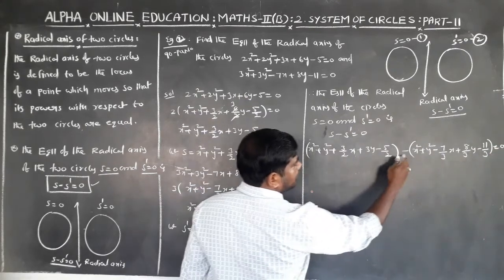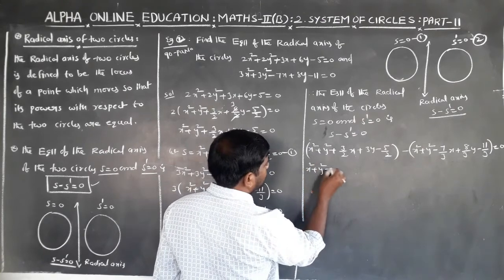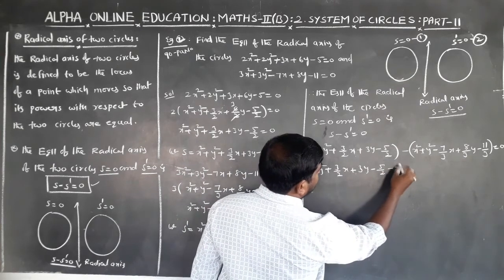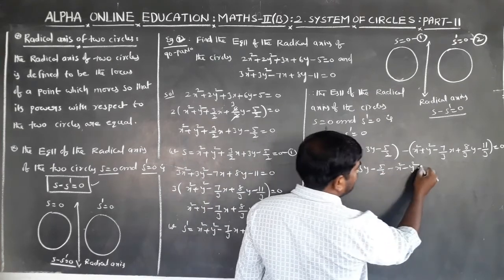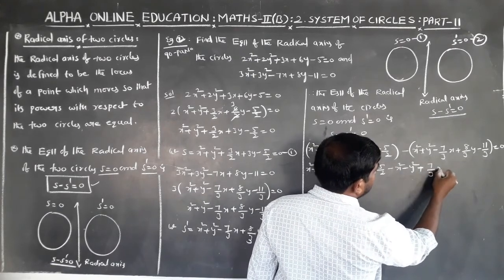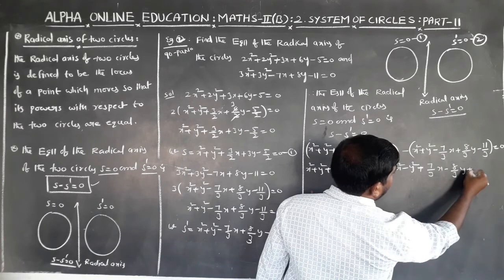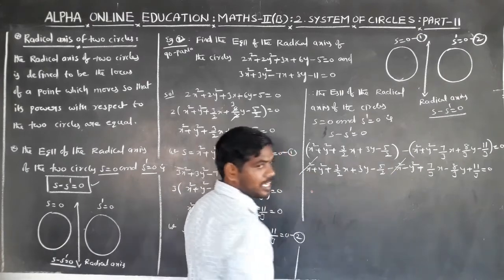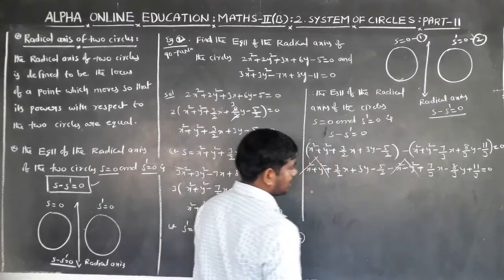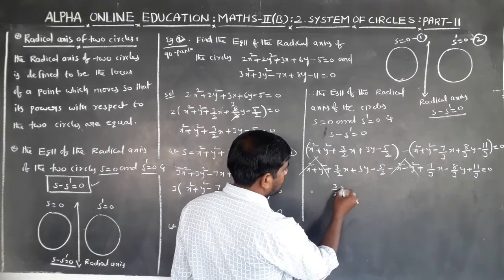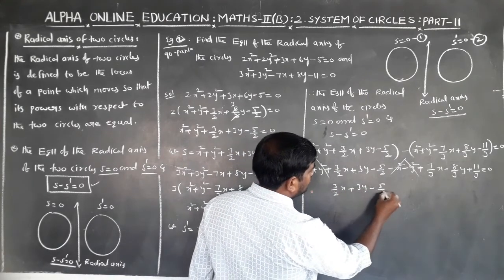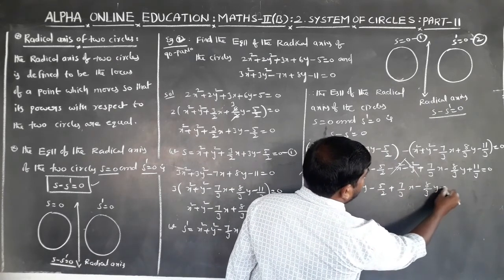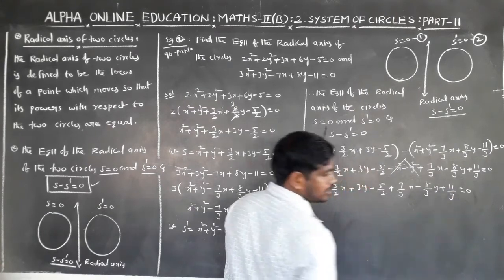Removing the brackets: x square plus y square plus 3 by 2x plus 3y minus 5 by 2 minus x square minus y square plus 7 by 3x minus 8 by 3y plus 11 by 3 is equal to 0. x square cancels, y square cancels. Remaining: 3 by 2x plus 3y minus 5 by 2 plus 7 by 3x minus 8 by 3y plus 11 by 3 is equal to 0.